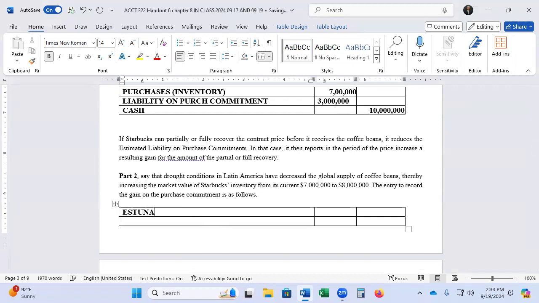And you'd have a debit to liability on purchase commitments for 1 million and then gain on purchase commitments of 1 million.